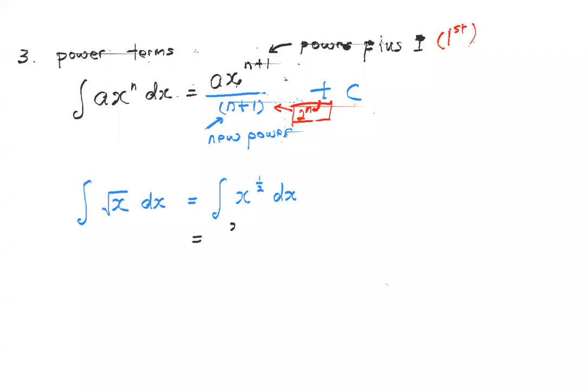So x to the power of 3 over 2, all right? Then divided by 3 over 2, plus c. When you divide by 3 over 2, it means times by 2 over 3. If you find it hard to do, just take your calculator, 1 divided by 3 over 2, and your calculator will give you 2 over 3.